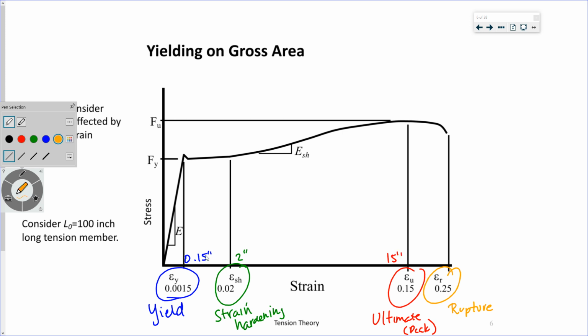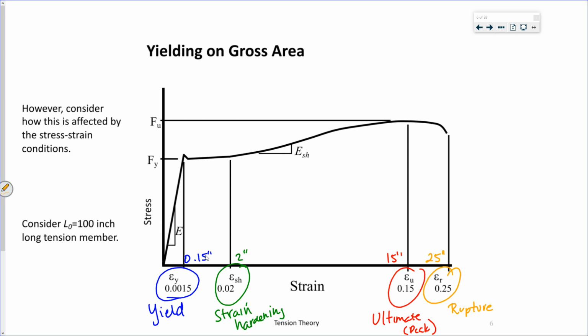Rupture is 25 inches. So this means my member in tension might not break until I've applied 25 inches of this. It's elongated 25 inches, which I would consider excessive, right? So it's failing.